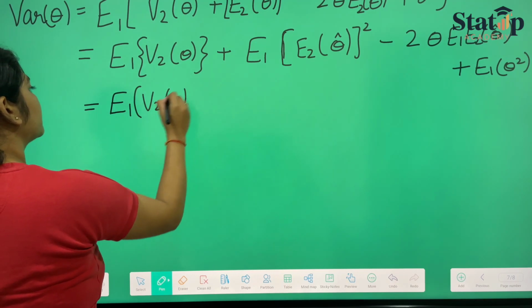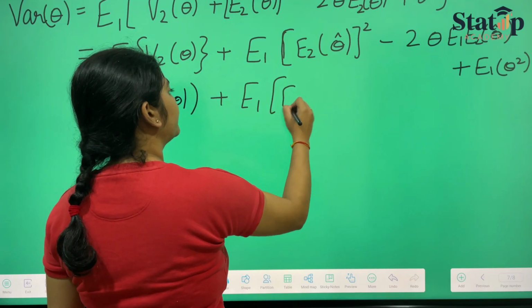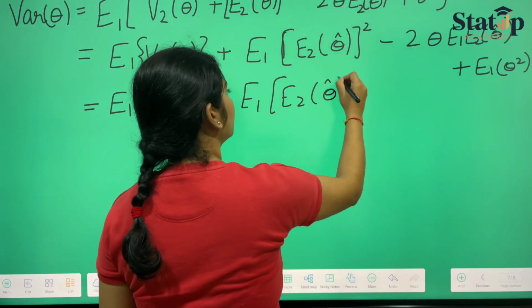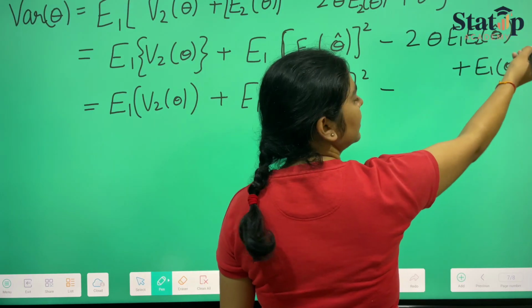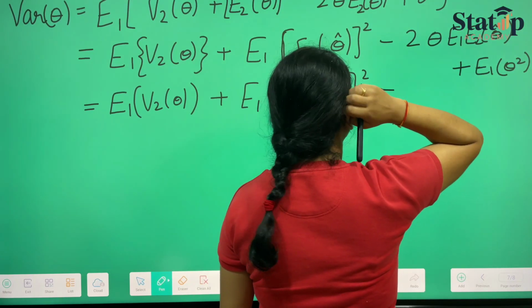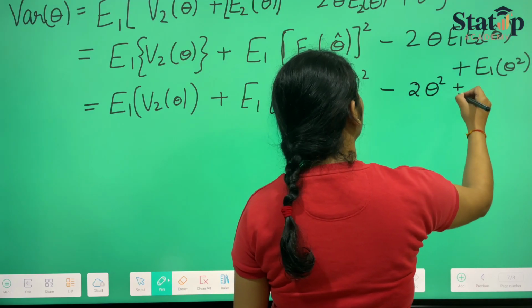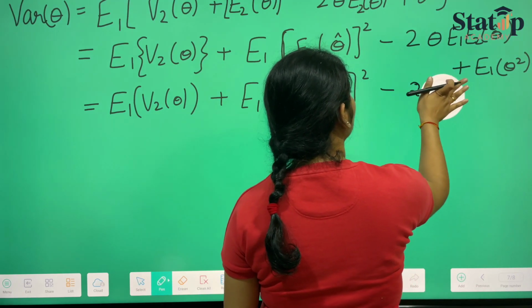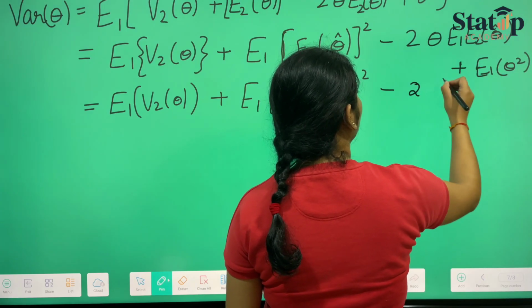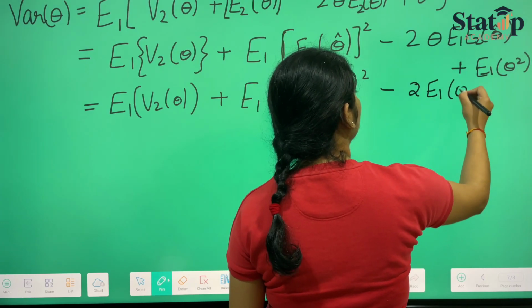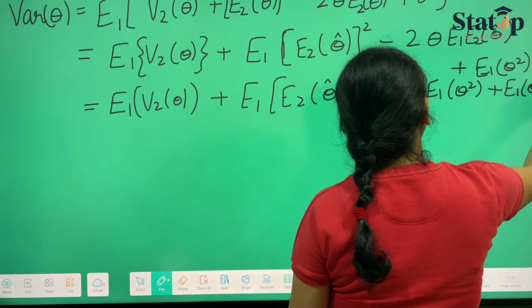First one is this, then E1 E2 theta cap whole square, minus 2 theta times E1 E2 theta cap; E1 E2 theta cap is E of theta cap, which is theta only, so we will get minus 2 theta square, plus E1 theta square.